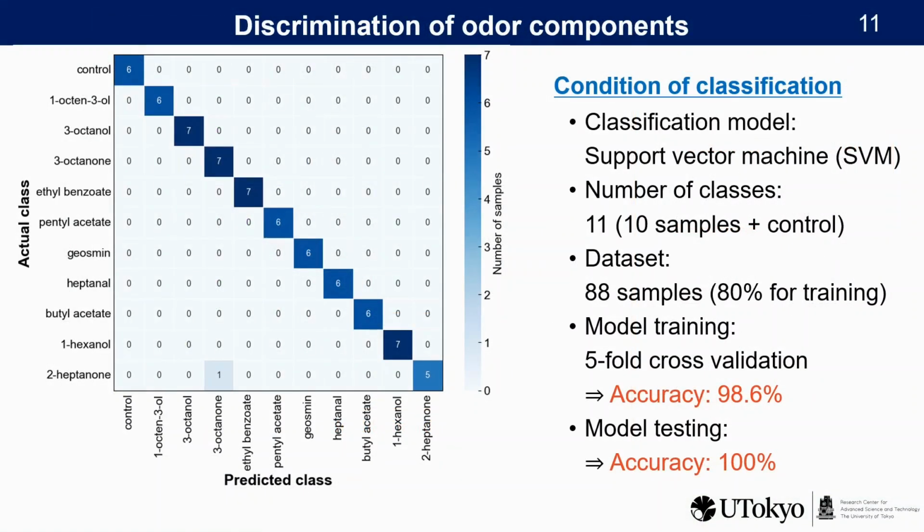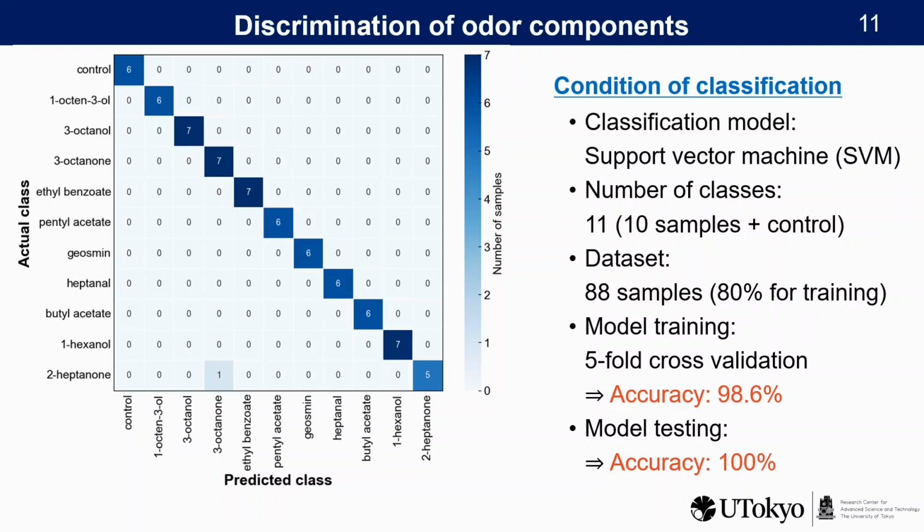In addition, we tried to build a classification model for odor components using the same data set. Because my presentation time is limited, I will focus on the important points. We used a support vector machine classifier and trained a model by using 80% of the sample points from the dataset as I mentioned earlier.